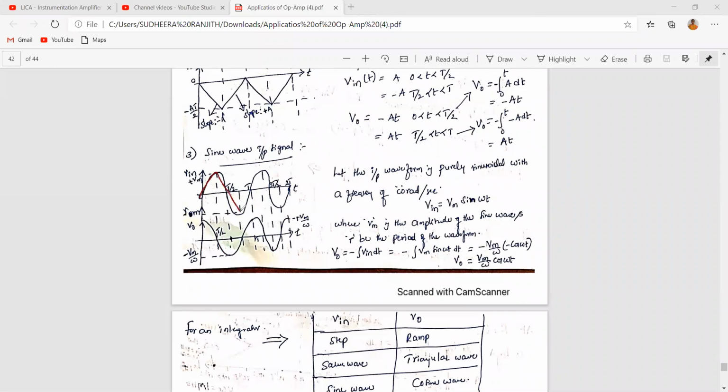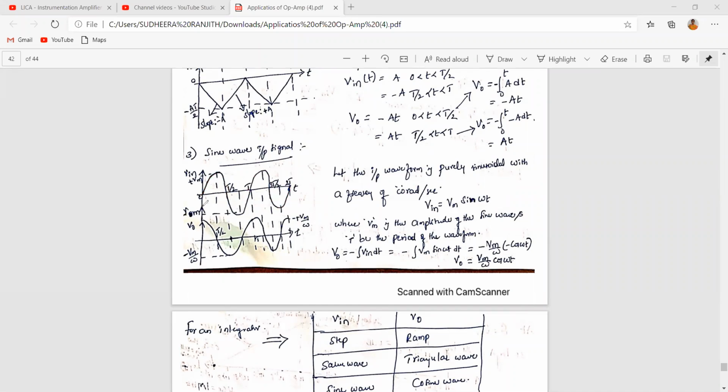I am applying a sine wave as the input to your integrator, right? And I am dividing it like this: 0 to T by 2 positive cycle, T by 2 to T negative cycle, T to 3T by 2 positive cycle, 3T by 2 to 2T negative cycle.